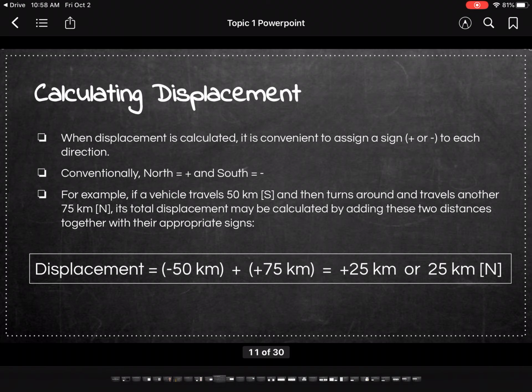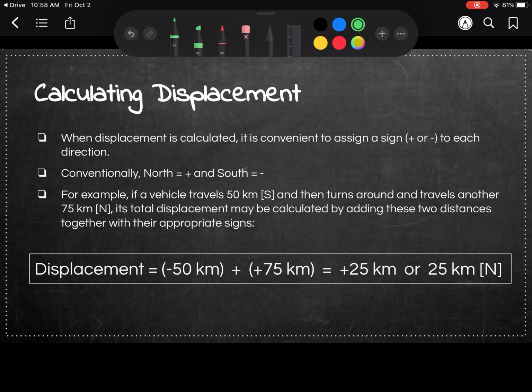When displacement is calculated, it is convenient to assign a sign of plus or minus to each direction. So if we have north, then we are going to put a positive. If we have south, then we're going to go negative. If we have west, it's going to be a negative, and east is a positive.